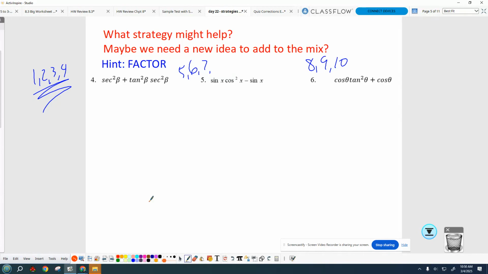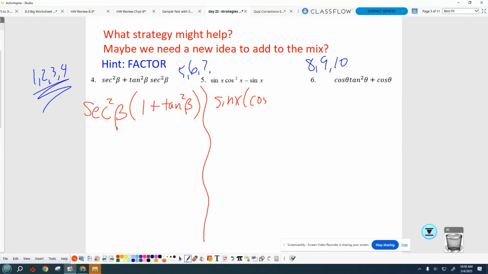No. Where's the secret in the fourth problem? Kira, what was the strategy for your first step in your group?